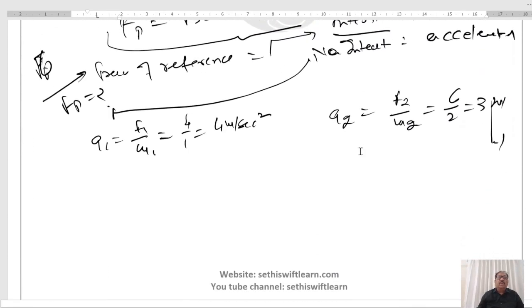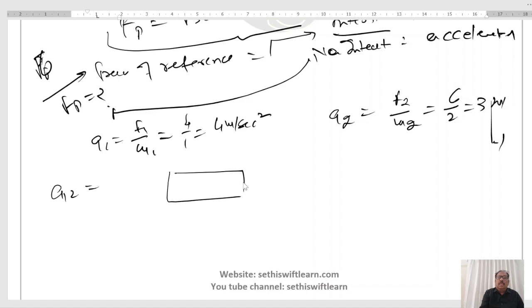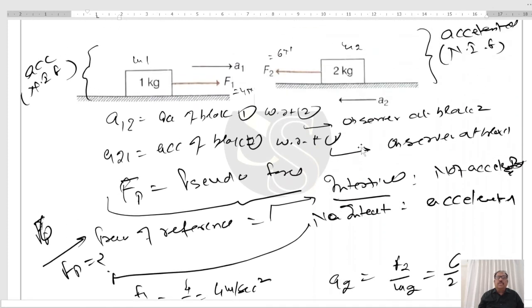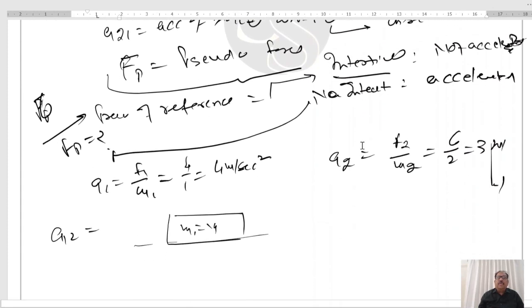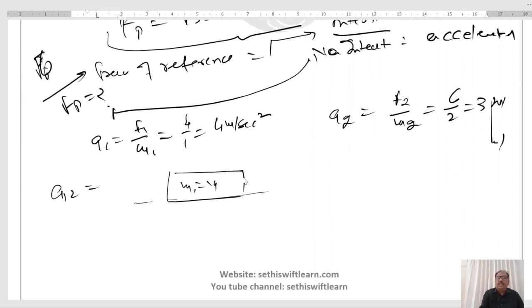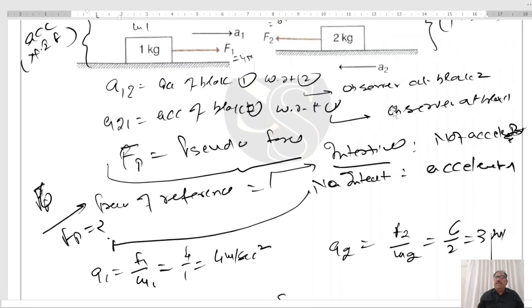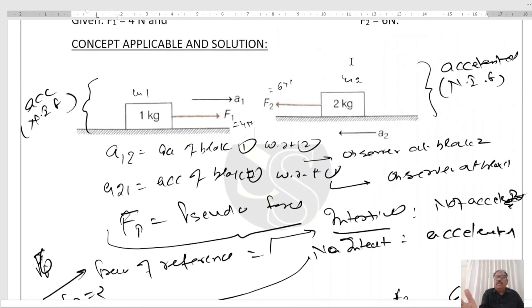To find A12, this is M1, 1 kg. Force acting on this is on the right side, this is F1. Now, the observer is at F2, whose direction is left hand side.